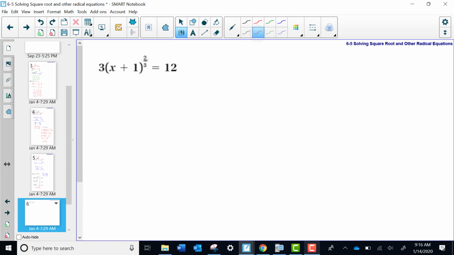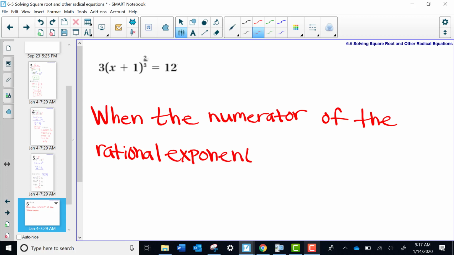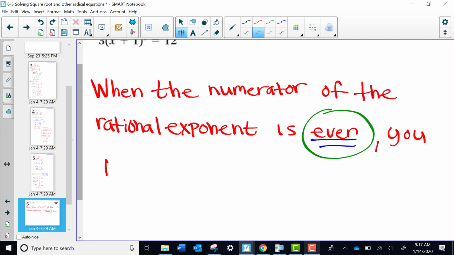When the numerator of the rational exponent is even, you must use absolute values.